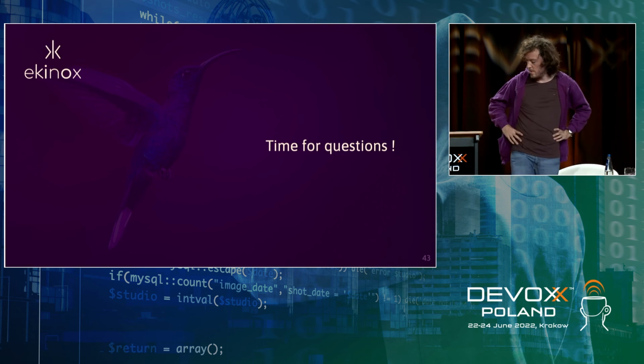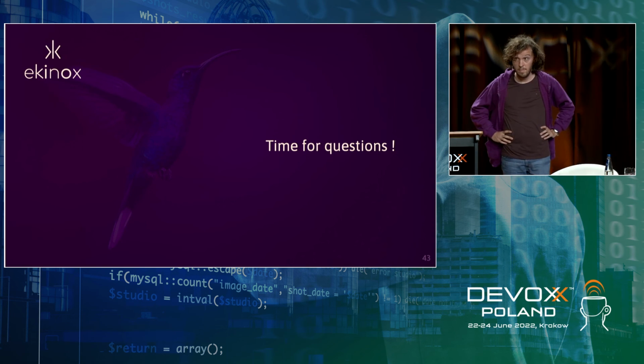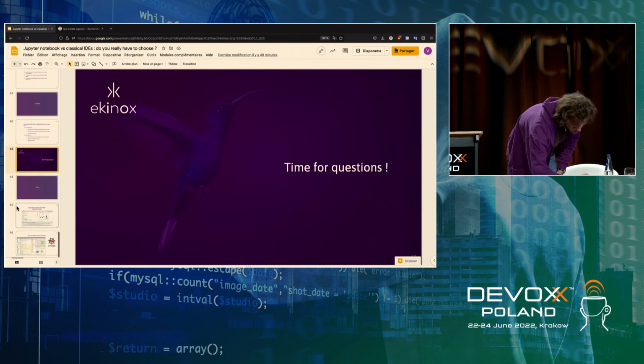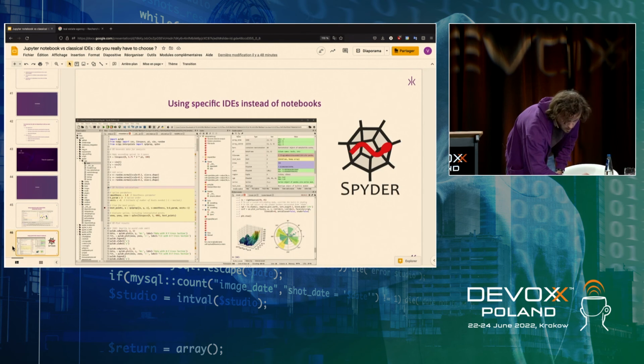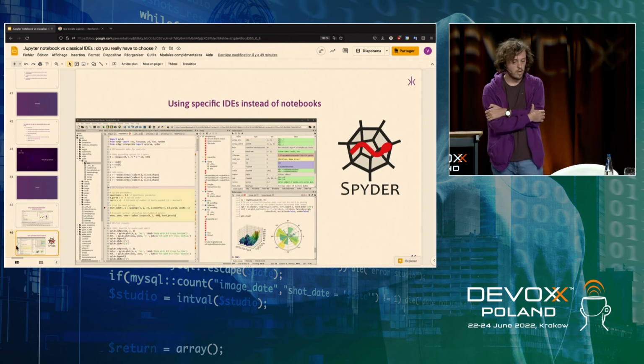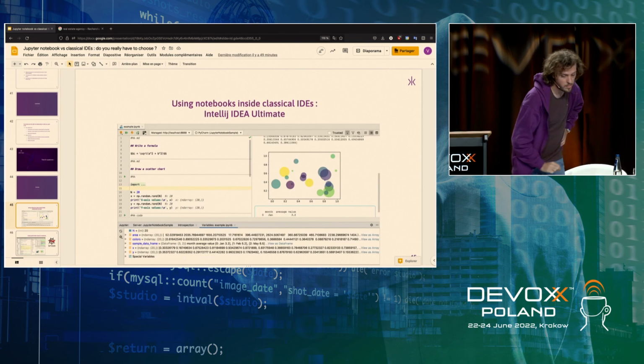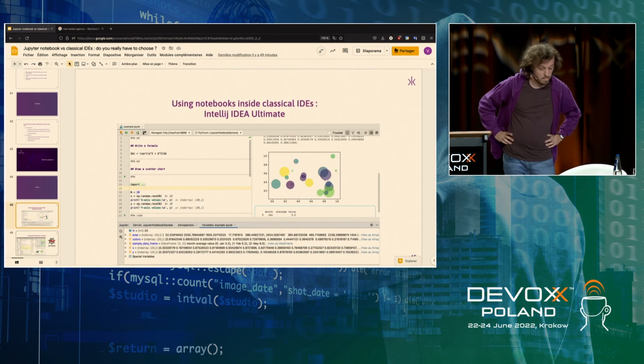Did you try using a Jupyter plugin in an IDE? Yeah. There are some. You can use some special IDEs such as Spyder, or others, to run code interactively in your IDE, or you can use it even in the IDE I use, IntelliJ.